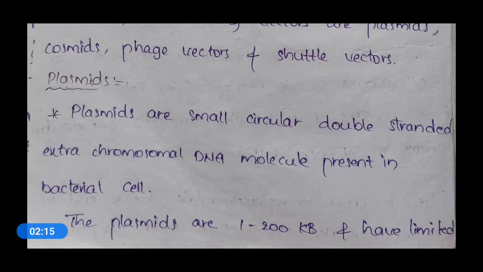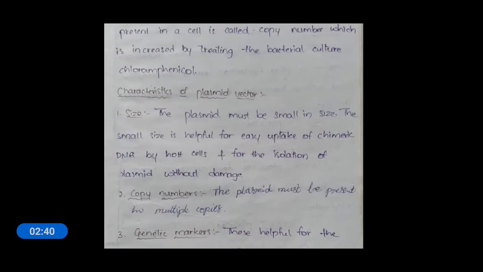What is it? To transfer the desired gene into a host cell or target cell. These plasmids are almost 1 to 200 kb in length, and since they are smaller in size, they carry a very limited number of genes.